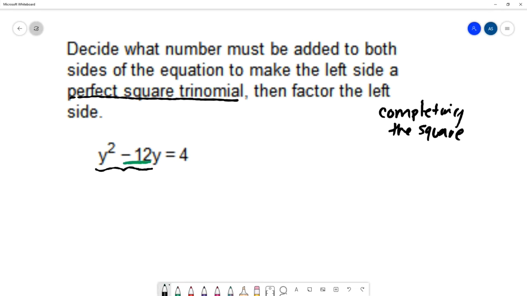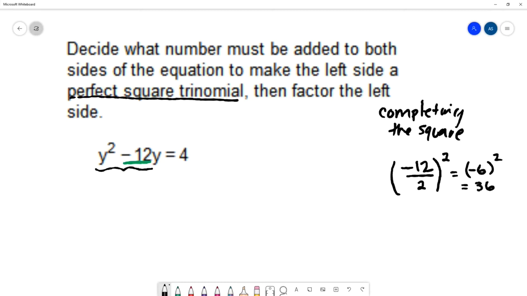So you would start, and this is what I called in our lecture the magic number. We're going to start with that negative 12. And then we do a little calculation on it. We divide it by 2 and then square it. Negative 12 divided by 2 is negative 6, and negative 6 squared is 36.